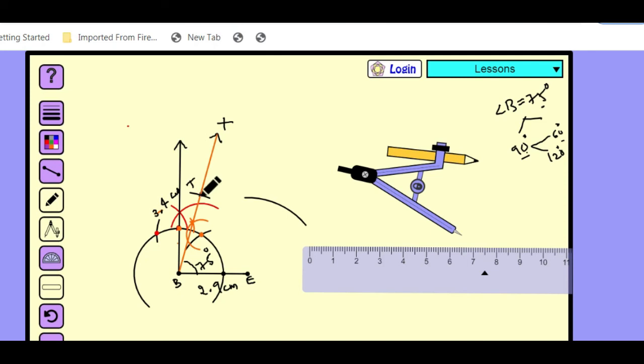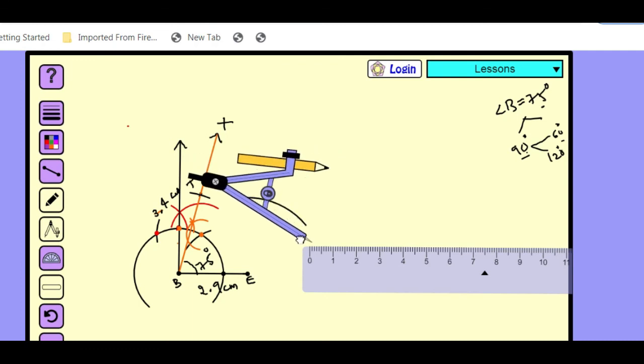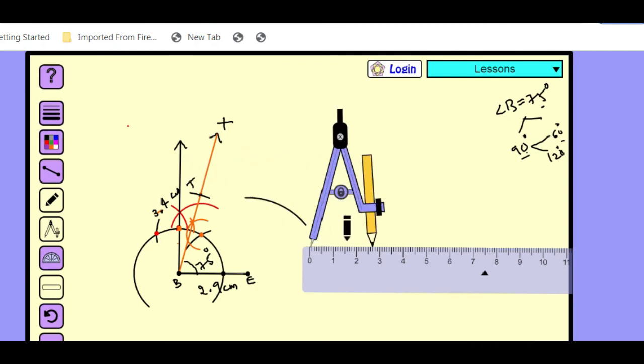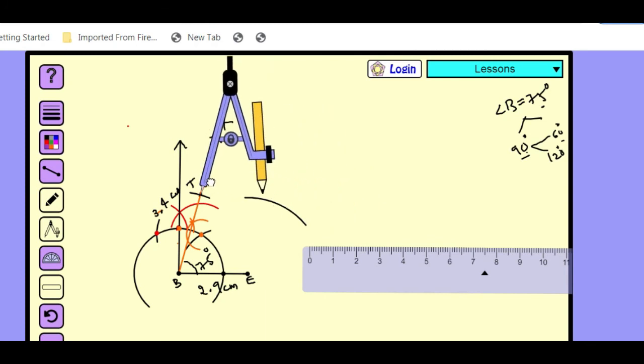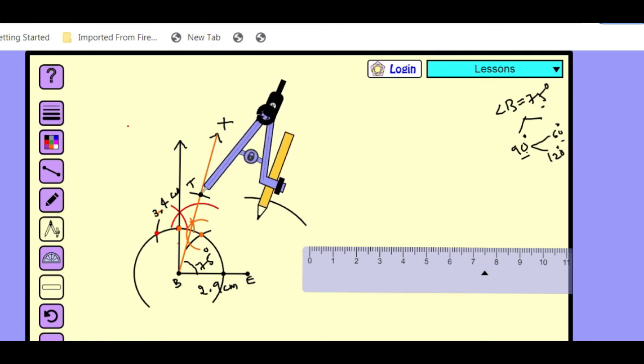Because the length of T to S is given as 2.7 centimeters. Now take the length as 2.7 centimeters. With this radius and T as the center, draw an arc which cuts the previous arc at point S. Now join T to S and E to S to complete the quadrilateral BEST.